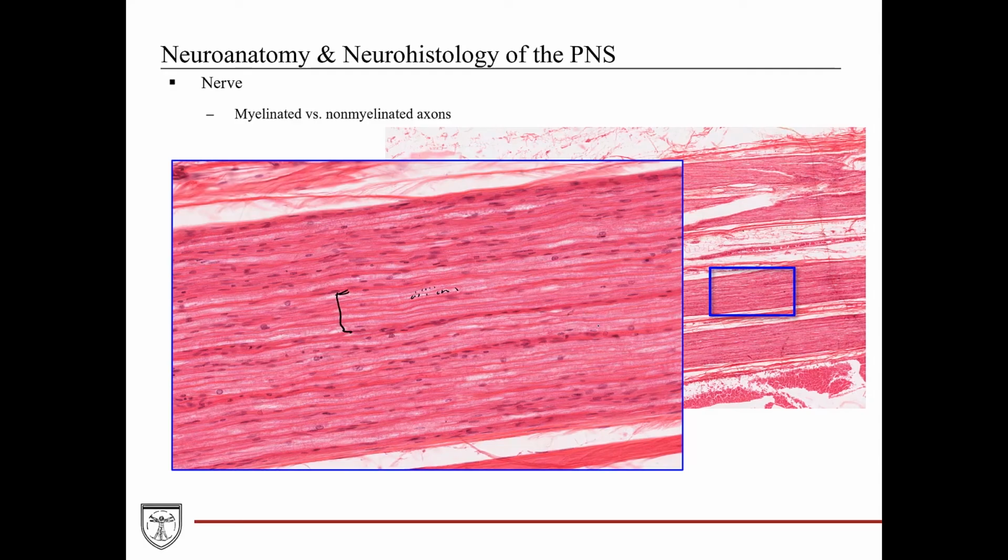But there are also regions within this nerve where that staining pattern is a little more dense. And that's oftentimes because these regions contain the axons that are not myelinated. So there's higher concentration of not only the axons, but also some Schwann cells.